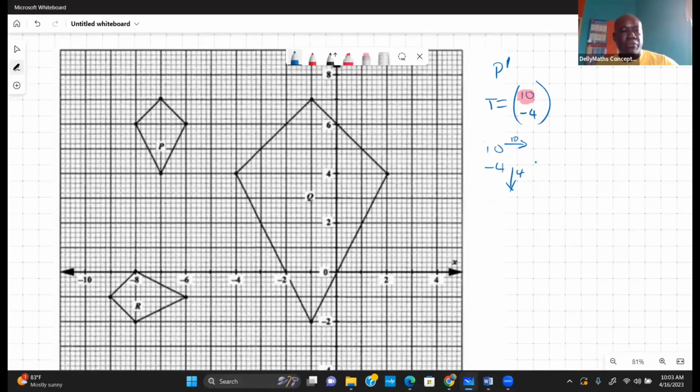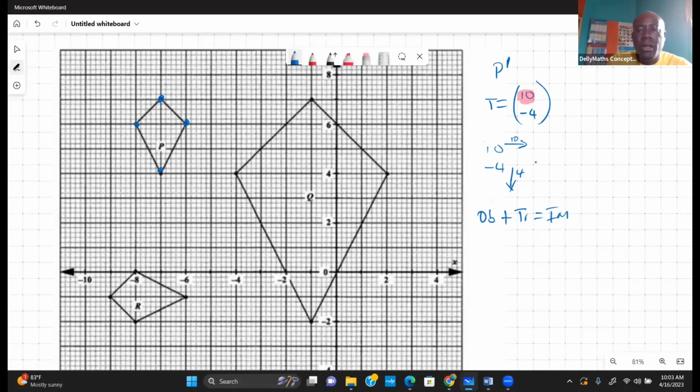We don't have to do that, though. Remember, we learned that if you have an object and you add the translation, it gives you the image. You see the coordinates?